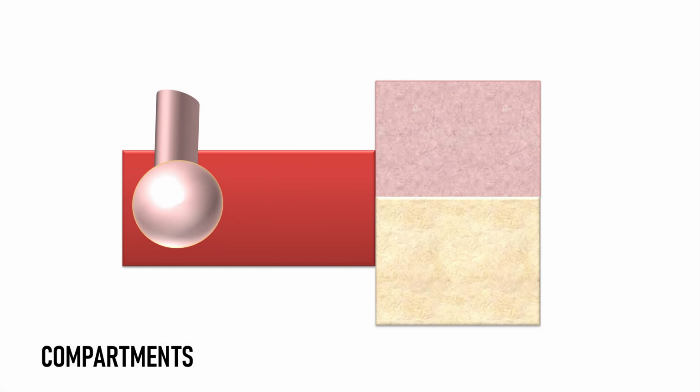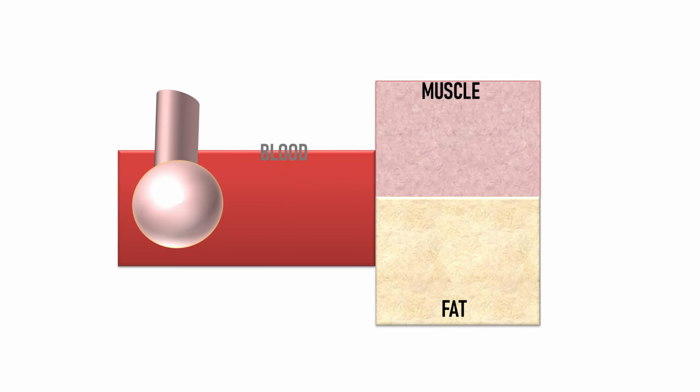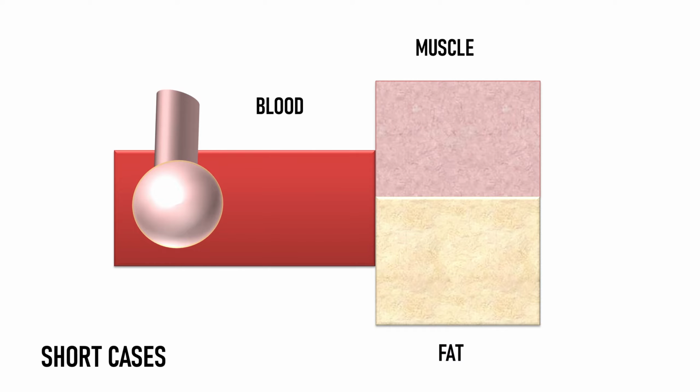In this image, I have four compartments: the airway and the alveoli, the blood, that's the most rapid compartment, muscle, and fat. During short cases, very little anesthetic enters muscle and fat because the agent goes into the blood, it rapidly equilibrates with the brain.